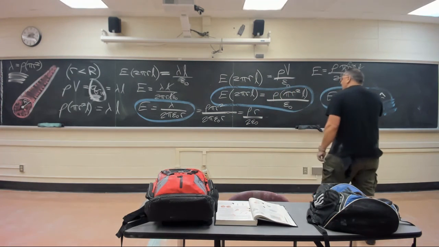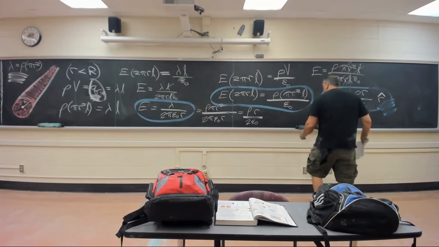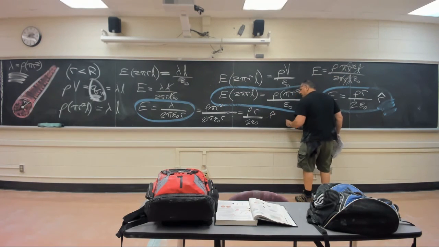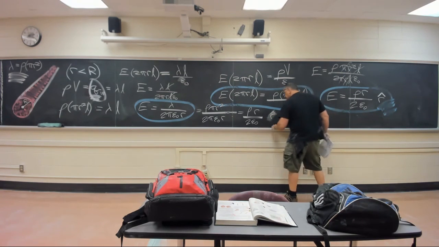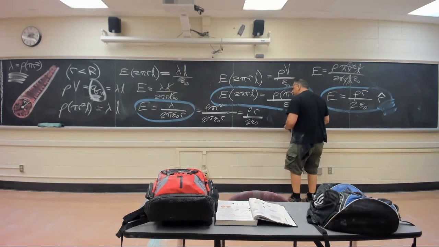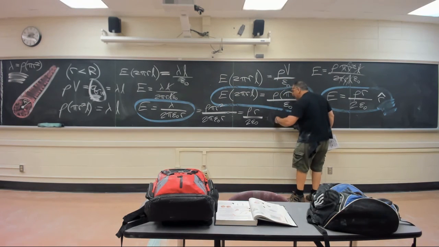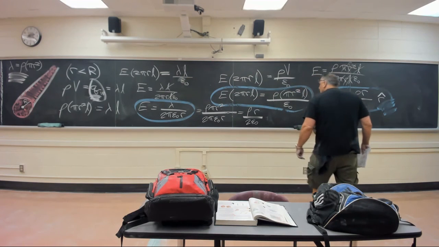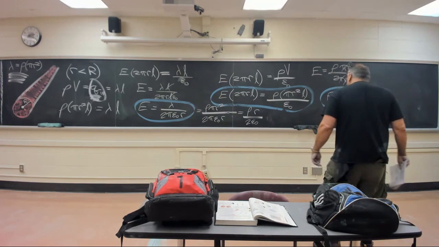Wait a minute, that's what it is right here. So they were looking for a connection there, I guess. Can you say there's a connection? Yeah. If you're going to have rho pi r squared behave like a lambda, it's consistent.